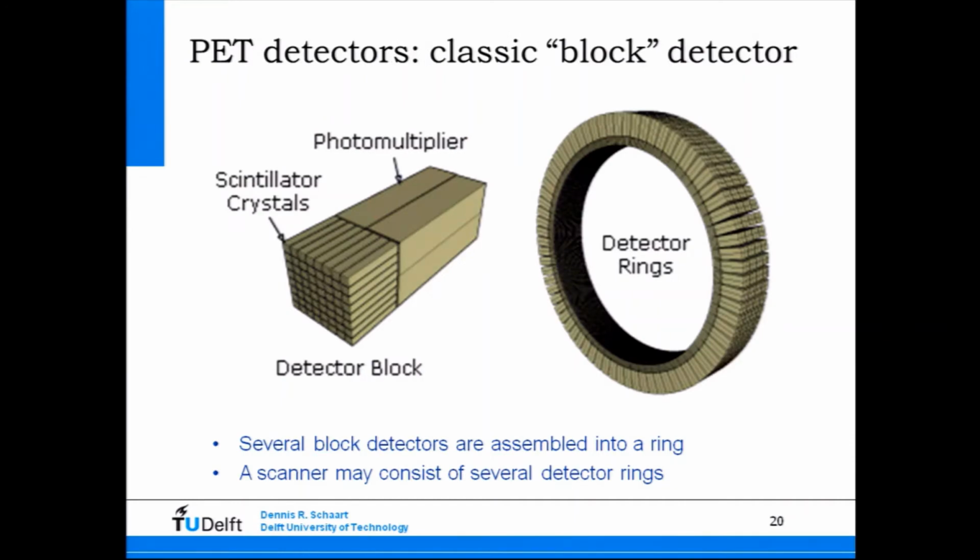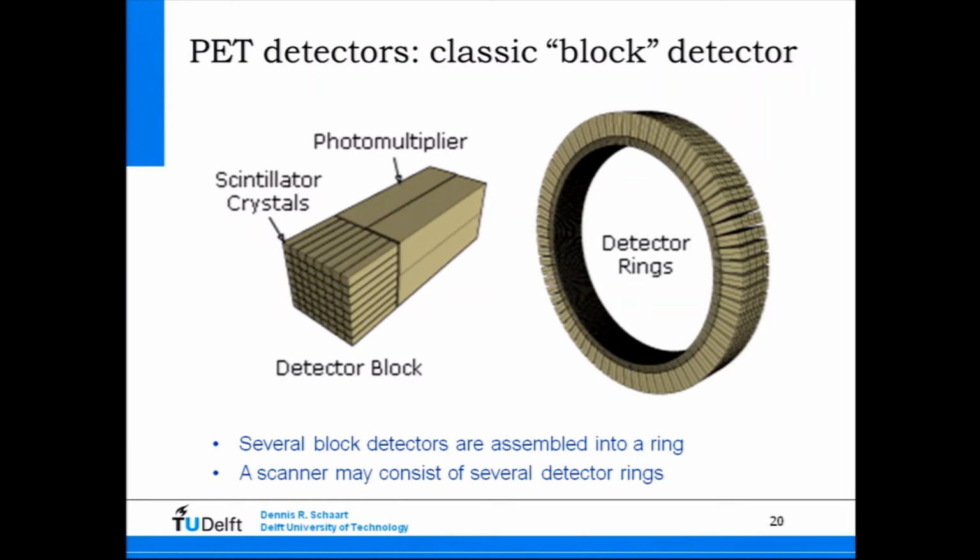And the classic PET detector ring, as you find it in the clinics even today, comprises a large number of these so-called block detectors, which typically comprise an array of, for example, 64 scintillation elements, each having a diameter in the order of about 4 millimeters, connected to some 4 photomultipliers.